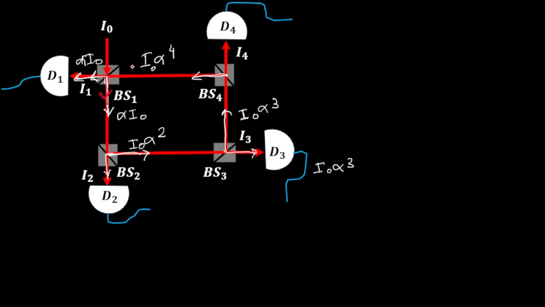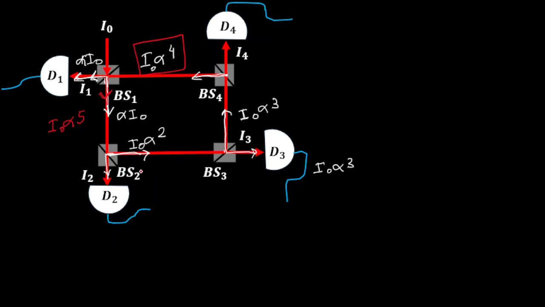So for the second case, when this light is incident on beam splitter 1, the intensity of the reflected light will be I naught alpha to the power 5, and again this light comes to beam splitter 2 and from there is reflected towards beam splitter 3.